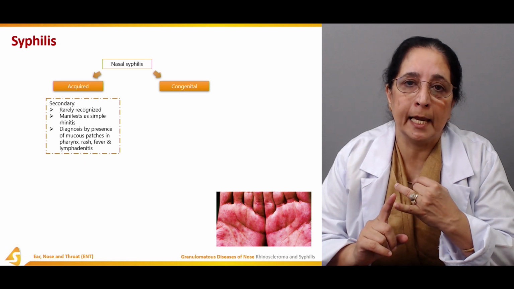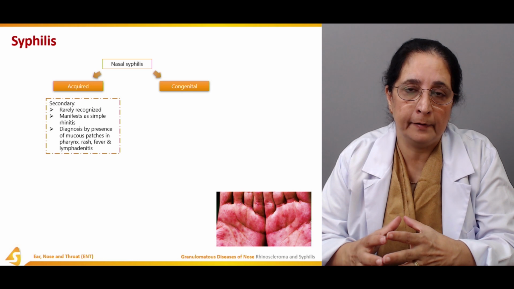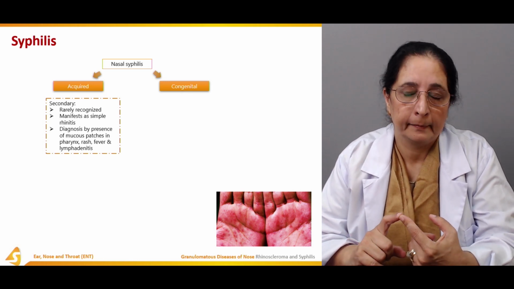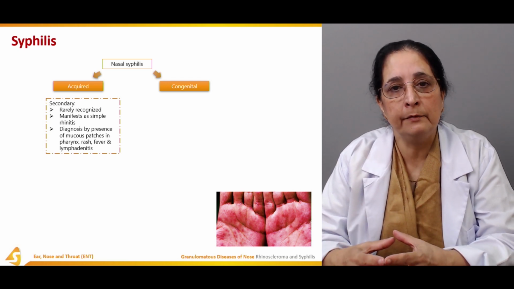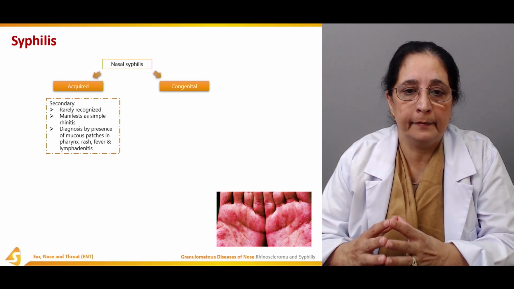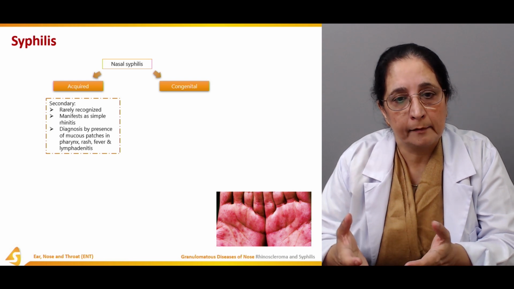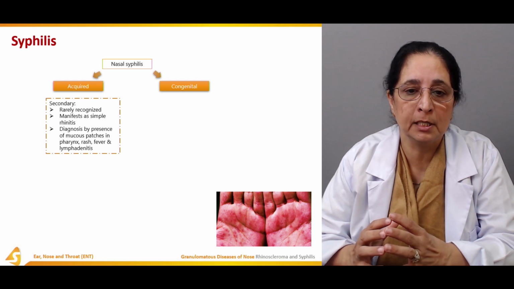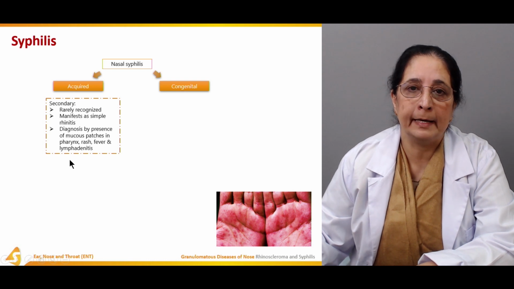So syphilis can be acquired or congenital. Acquired syphilis of the nose can be primary or secondary. Primary is rare. Usually it is manifested by the chancre. Secondary syphilis manifests as rhinitis, and it is diagnosed by the presence of patches in the pharynx. There is fever and also lymphadenitis.